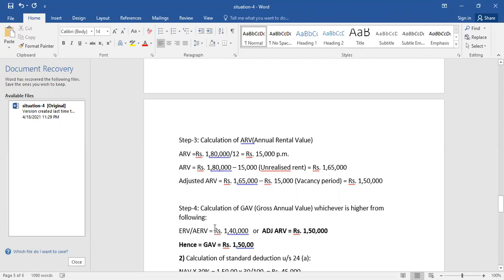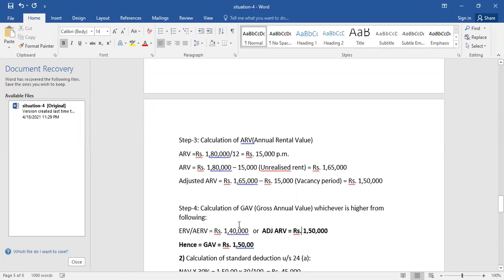So this is very, very important, guys. That's the reason I'm repeating it once again. When there is standard rent, we will calculate AERV. If there is no standard rent, ERV and SRV are going to be the same. So you have to compare both. If ERV is more than annual rental value, ERV is going to become GAV.